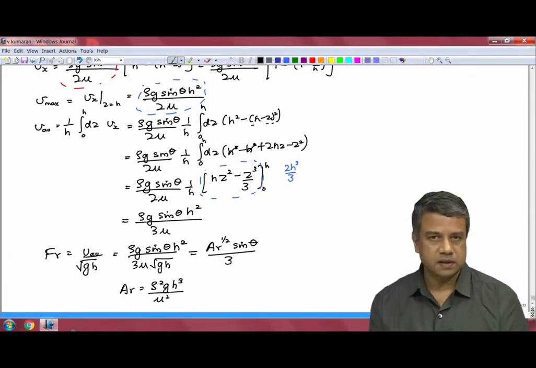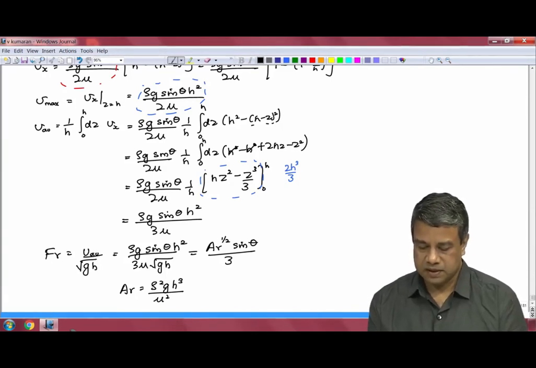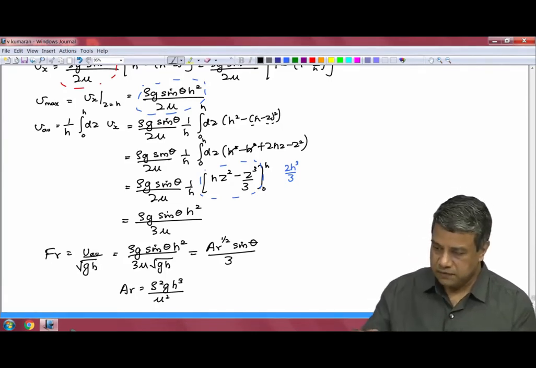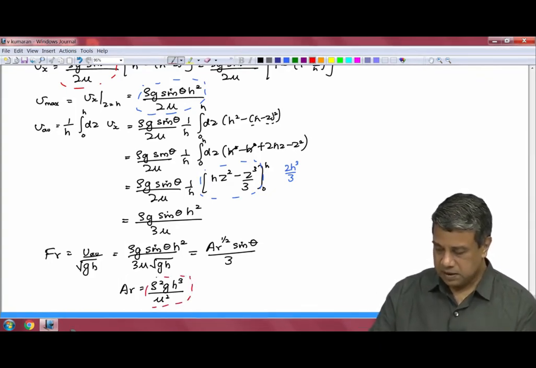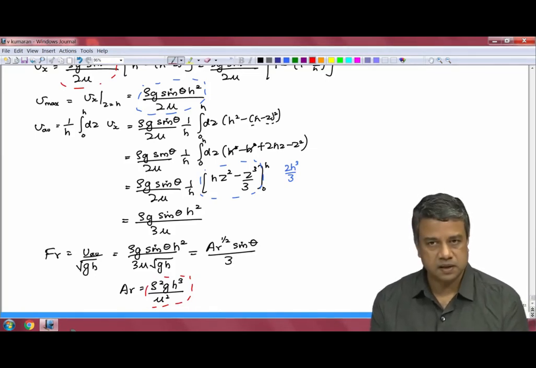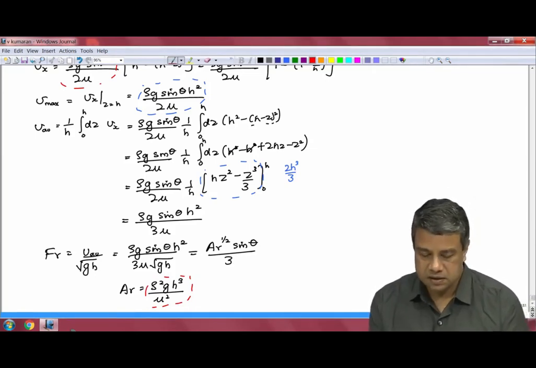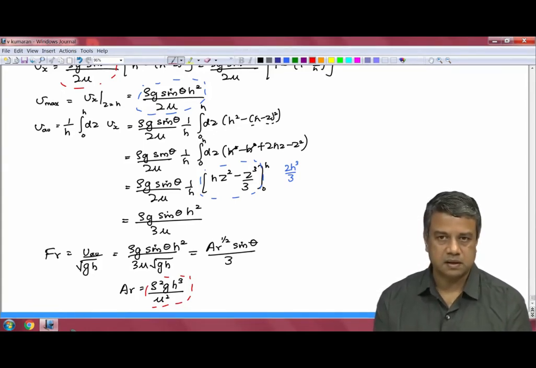You can easily verify that this is a dimensionless group. So, for a film of thickness h, sin theta times Archimedes number to the half power divided by 3 is the Froude number. That is the correlation for the average velocity for the flow down an inclined plane.